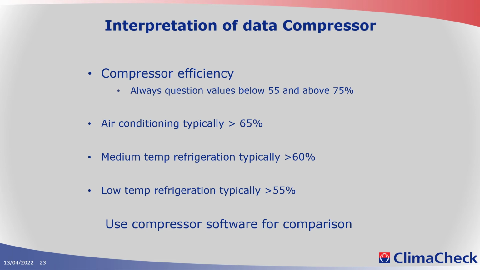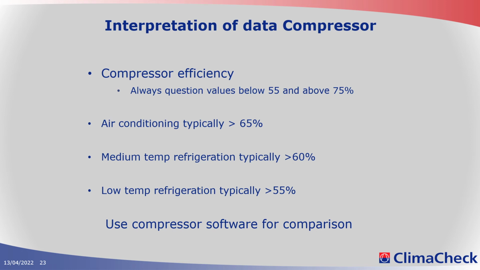So best case is, of course, to compare with the design of the compressor when you have those available. If you don't have them available, you can say that if compressor isentropic efficiency is below 55, you are getting very, very low.